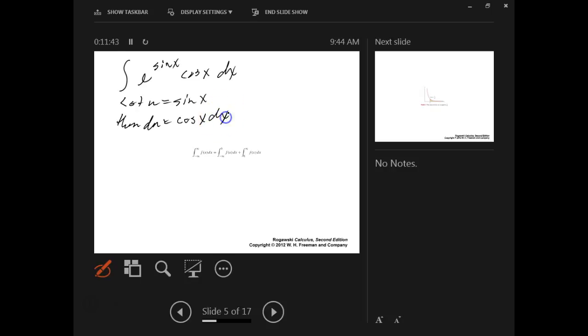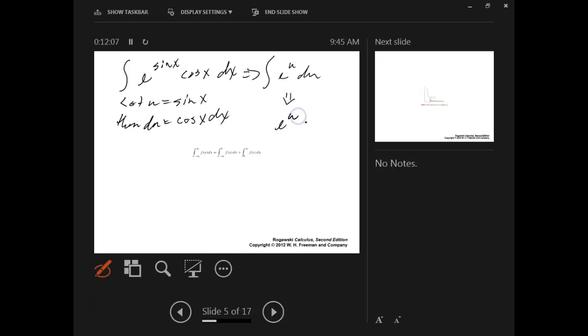All right. And this is a pretty simple one. What does this become then? If we change our x's to u's, e to the u du. And what does that become?